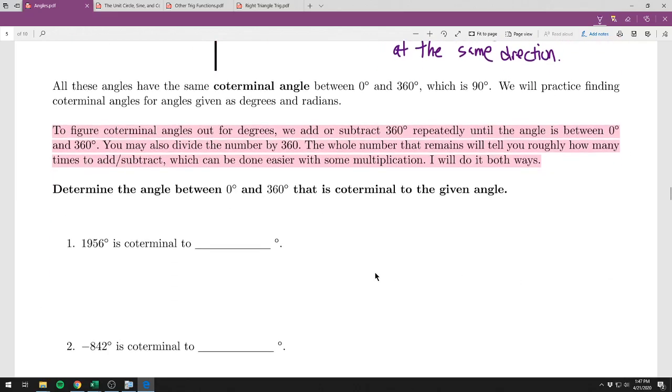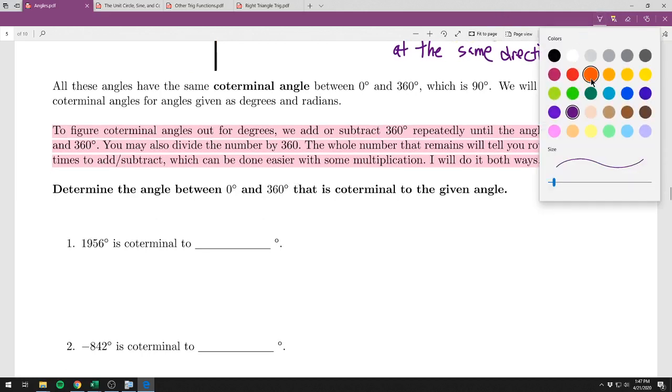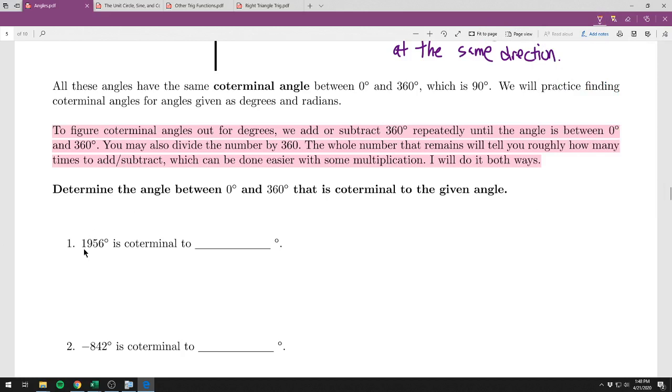Okay. Right, so the directions here will say something like determine the angle between 0 and 360 degrees that is coterminal to the given angle. And the given angle for this first one is 1,956 degrees. What you want to say here is that is much too big. That is way bigger than 360 degrees.